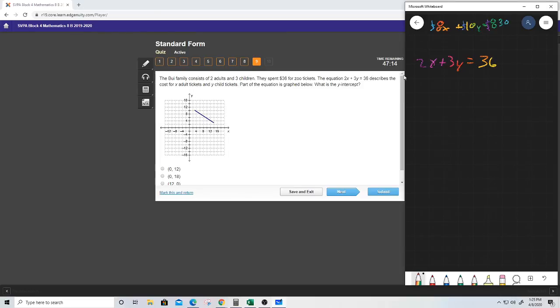So if they want to know the y-intercept, we set what to 0. That is correct. 2 sub in 0 plus 3y equals 36. 2 times 0 is 0. 3y equals 36. If this is times 3, divide everything by 3. Y equals 12.